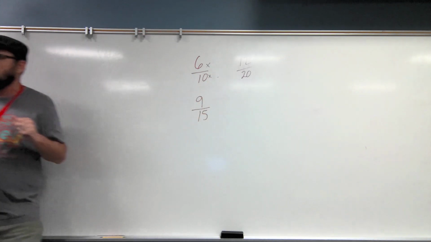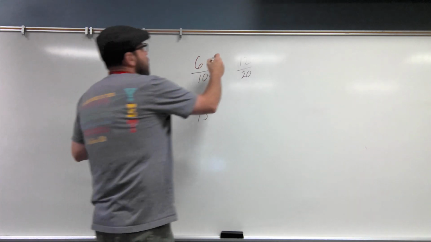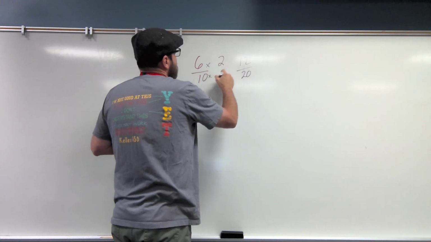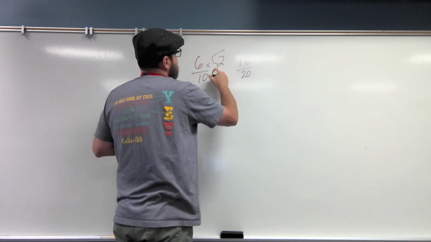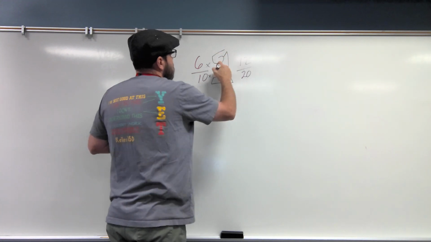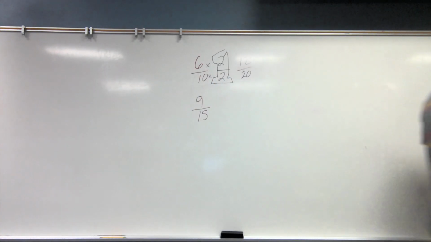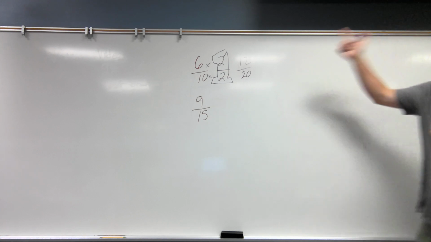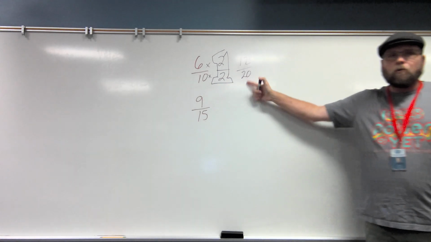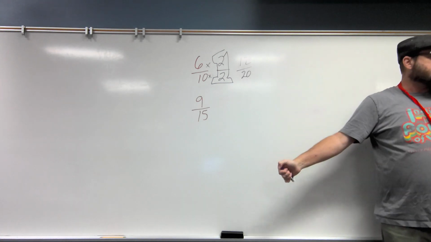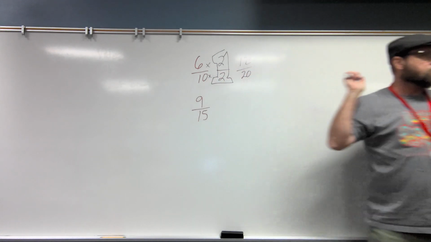According to Kaylin, if I multiplied both of these by 2, is that right? And the fraction 2 over 2 equals 1. And 6 times 2 is 12. And 10 times 2 is 20. That means that these are the same.